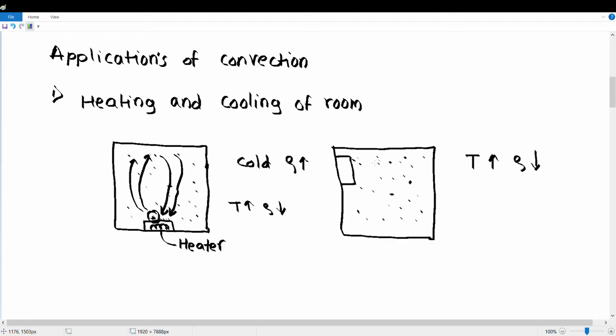This AC provides the flow of cold air within the room. The cold air enters the room. As this air is cold, its density is higher, and so this air moves in a downward direction. This denser air moves downward.